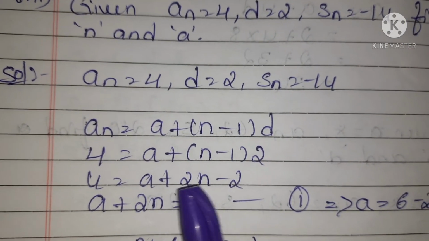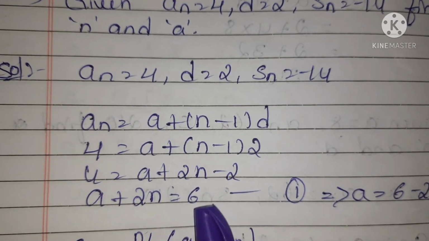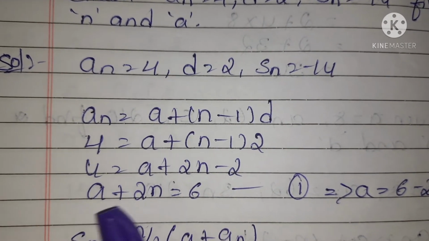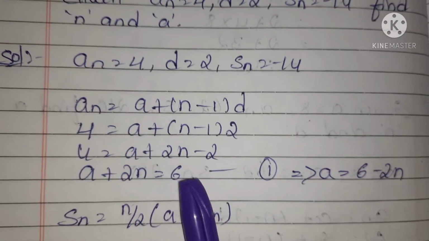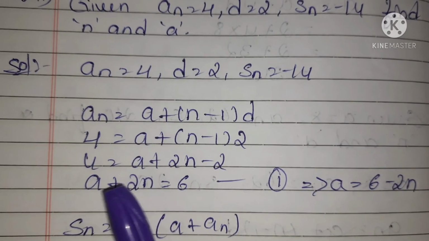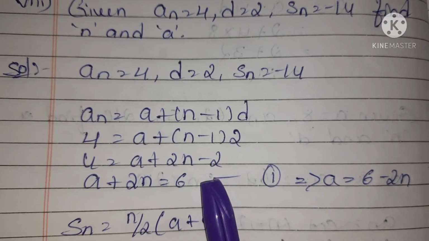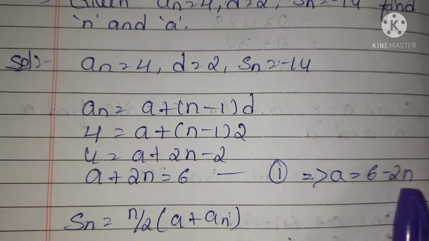Now A plus 2N is equal to, this minus 2 goes to this side, it will be plus 2. That means 4 plus 2 is 6. A plus 2N is equal to 6. This we can write A is equal to, this plus 2N goes to the right hand side, will be minus 2N. A is equal to 6 minus 2N.